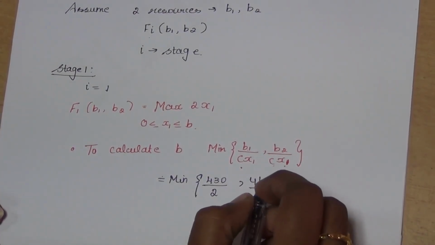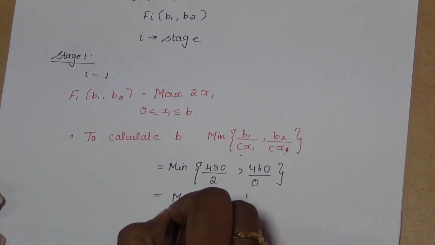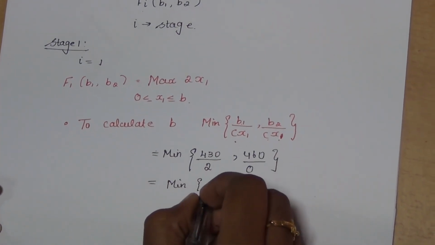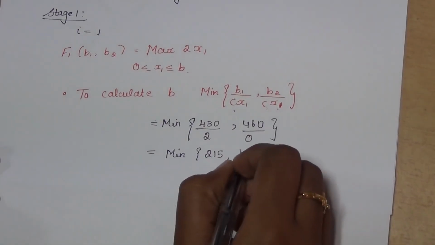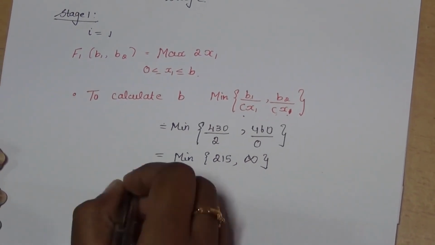Since there is no x1 in the second constraint, it will be 0. As we solve this, it results in a minimum of 215. Anything divided by 0 will result in infinity. So the final value is 215.